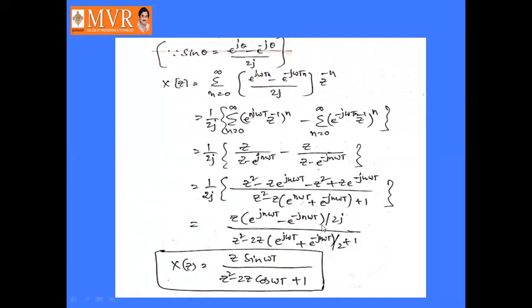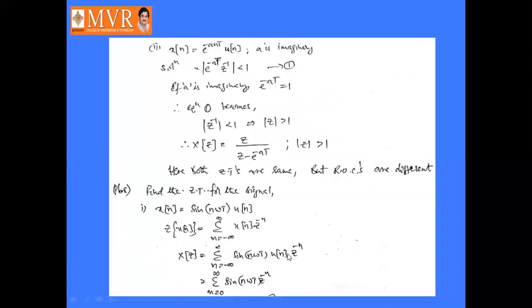Or it is z into e power j n omega t minus e power minus j n omega t by 2j by z square minus 2z into e power j omega t plus e power minus j omega t by 2 plus 1. So it is nothing but sin omega t, and the denominator term is nothing but cos omega t. So it is equal to z sin omega t by z square minus 2z cos omega t plus 1, right? This is the z transform for sin n omega t into u of n.